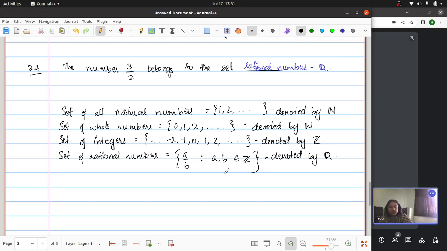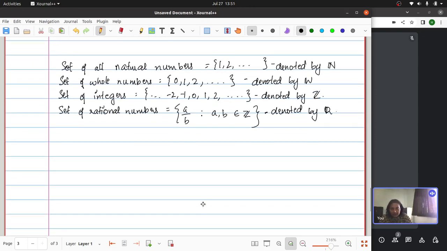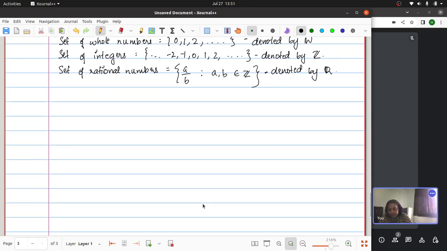We'll just look into rational numbers very briefly. We'll look at different ways of writing, or rather expressing, a rational number. Let's just look at an example, say 2 by 3.